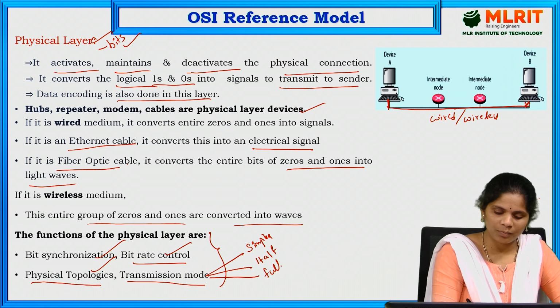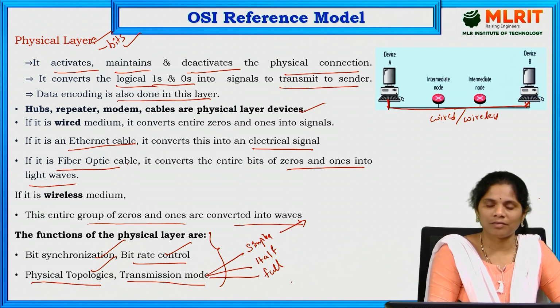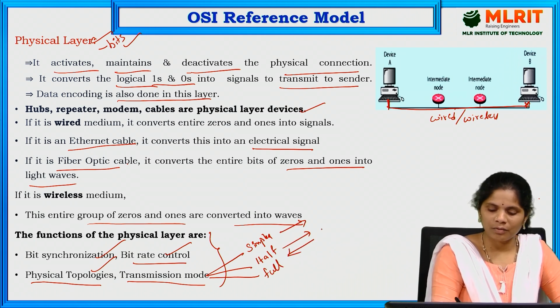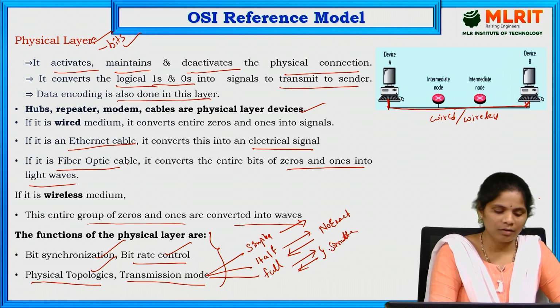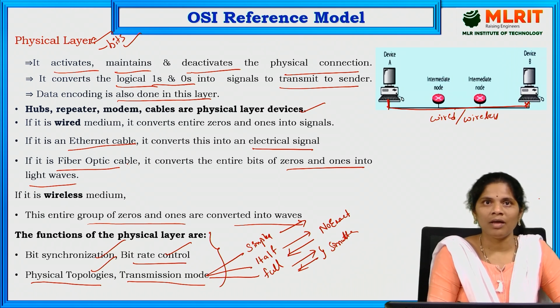In half duplex, there is one connection, sending and receiving, but not at the same time. Full duplex means sending and receiving both happen simultaneously. These are the transmission modes, and they come under the physical layer.